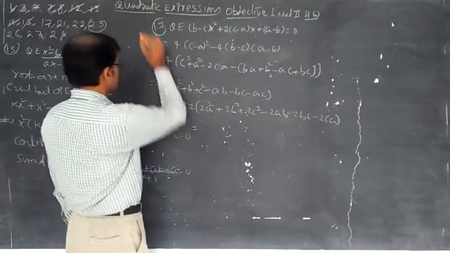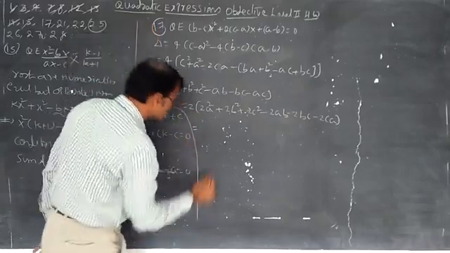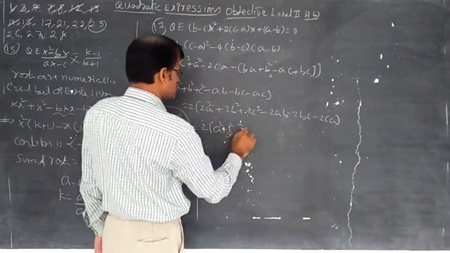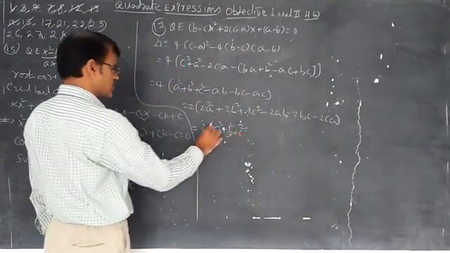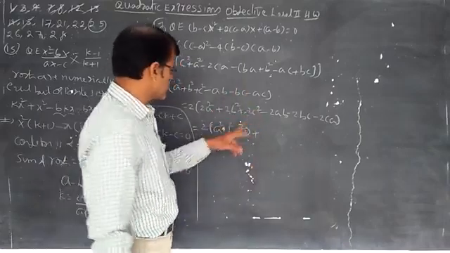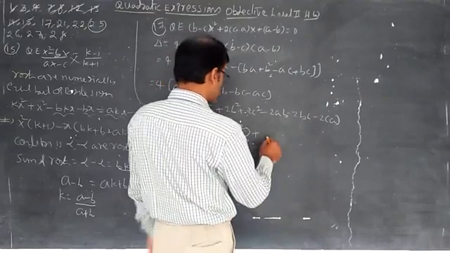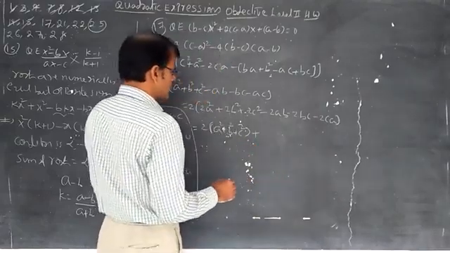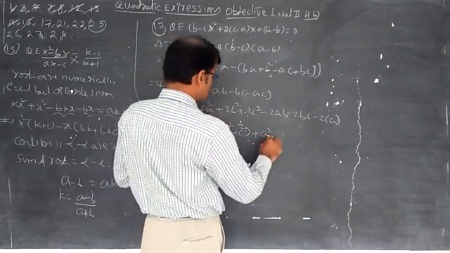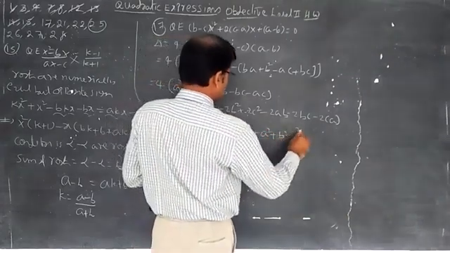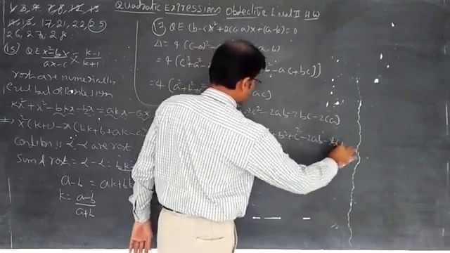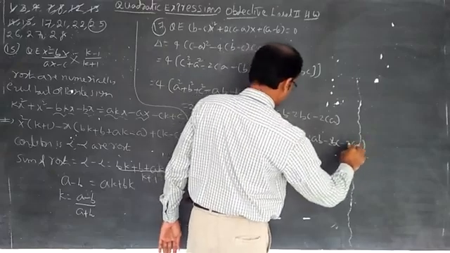That is equal to 2 into, you can understand this one as a² + b² + c² separate squares, plus a² + b² like this, a² + b² − 2ab, a² + b² − 2ab like this, and a² + c² like this, minus 2ab minus 2bc minus 2ca.